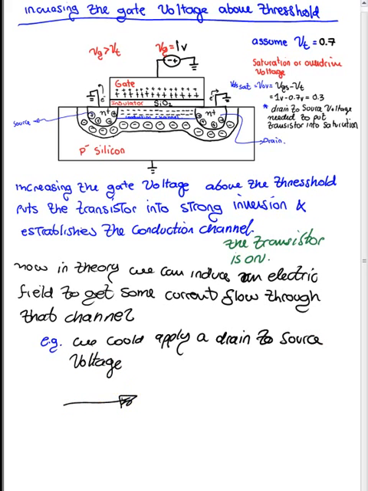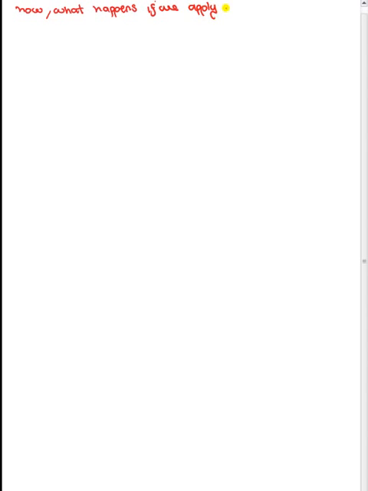So now what happens if we apply a small drain to source voltage? That's the main question here. This is how the transistor will look, just a quick model.